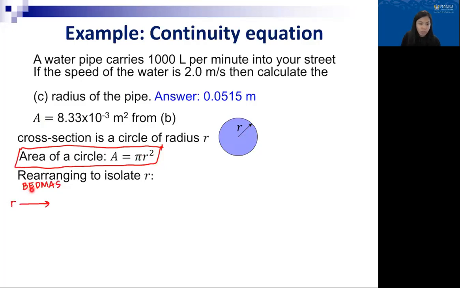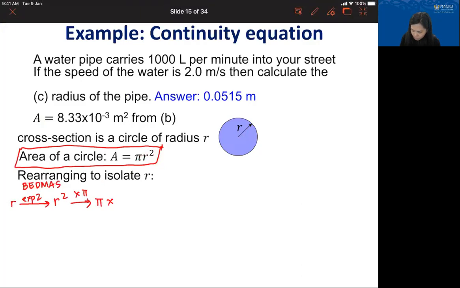Next, you do the exponent, raising r to the power of 2. And then you do the multiplication with pi. So you have pi r squared, and then you have the equation equal to A.